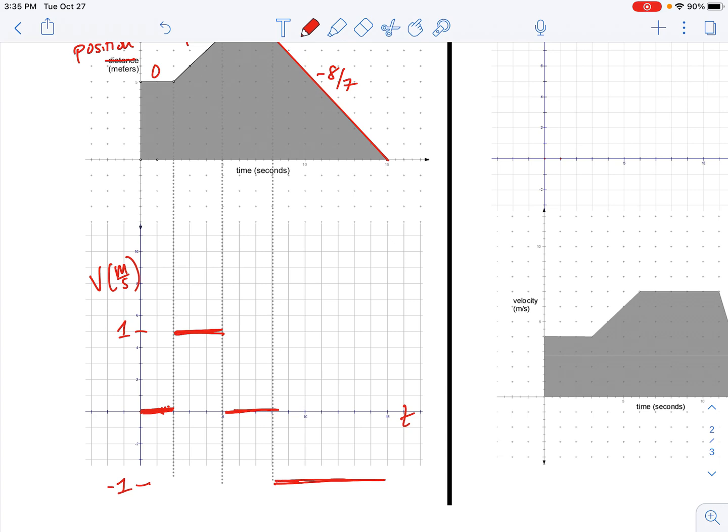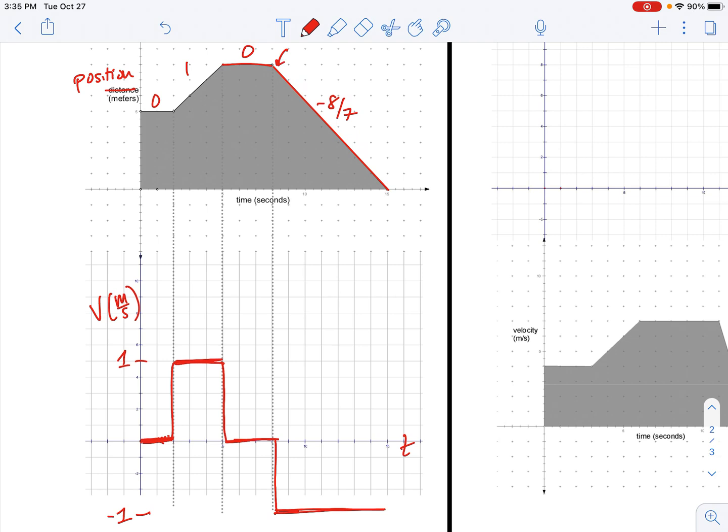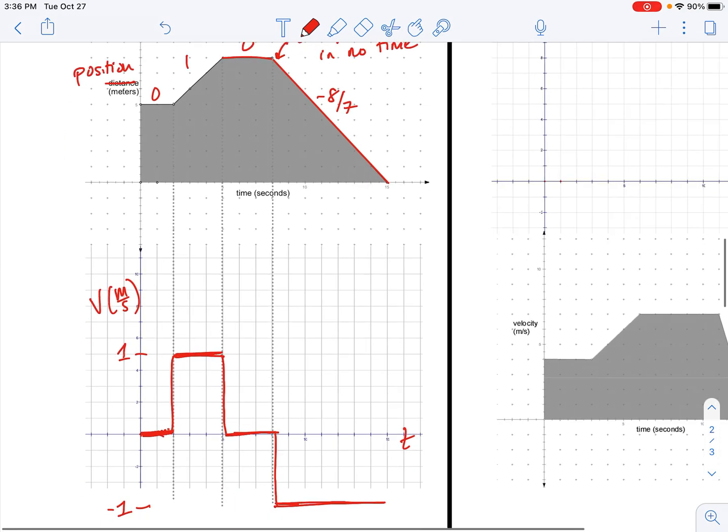Now you may be wondering what happens in between these points. This is actually technically impossible. We can't have a change in velocity in no time. Sharp corners on a position time graph, again, are technically impossible.